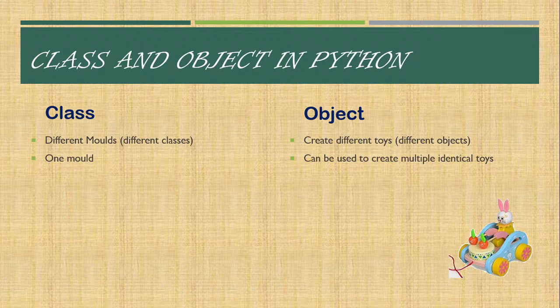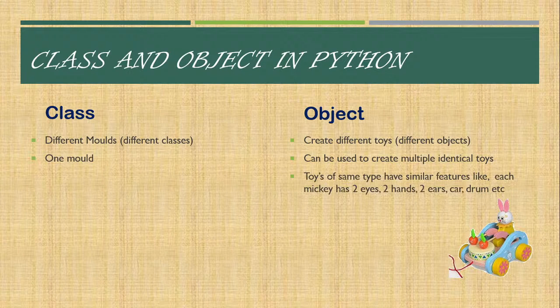In the same way, we can create different objects of the same type by instantiating different objects of a single class. If we instantiate an object of the Student class several times, each time a new Student type object will be instantiated. Toys of the same type have similar features, like each monkey has two eyes, two hands, two ears.